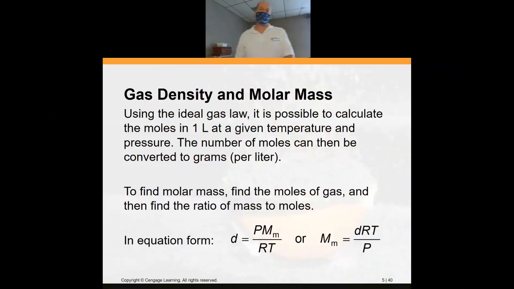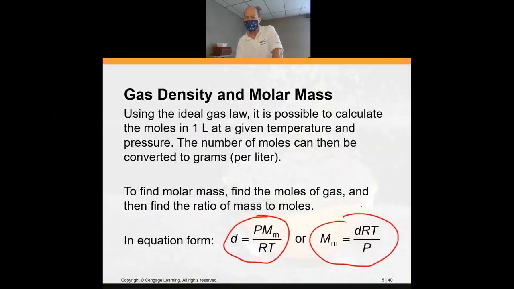All right, so here it is on a slide. They just go right to here's how you find density, and that's fine if you want to memorize it. I do not like to memorize stuff. I like to know things that I have to use all the time, and then I will get to stuff that I need later instead of memorizing a bunch of different equations. So here they are. You can just memorize them if you want, or you can get them by knowing how to find moles, because you have to know how to find moles.